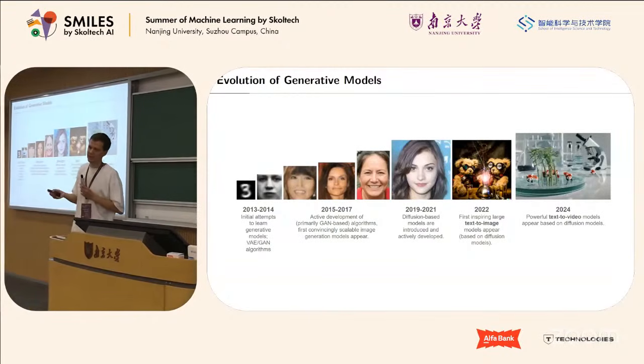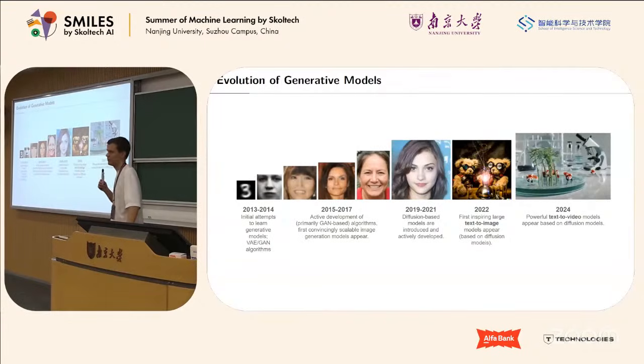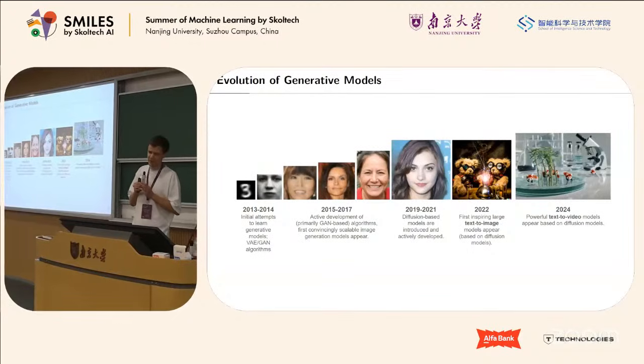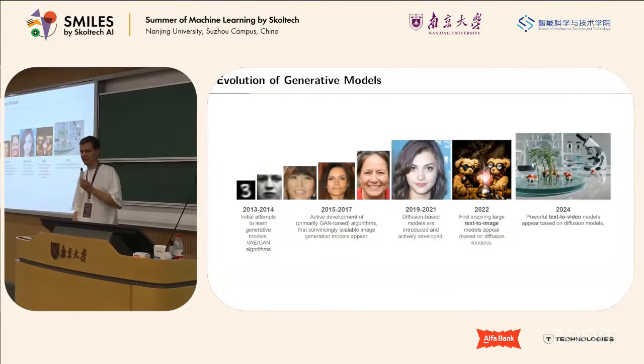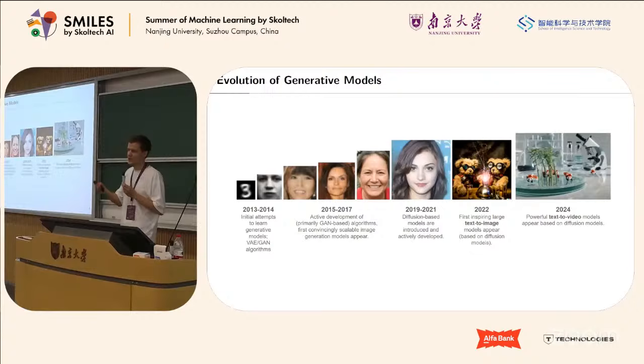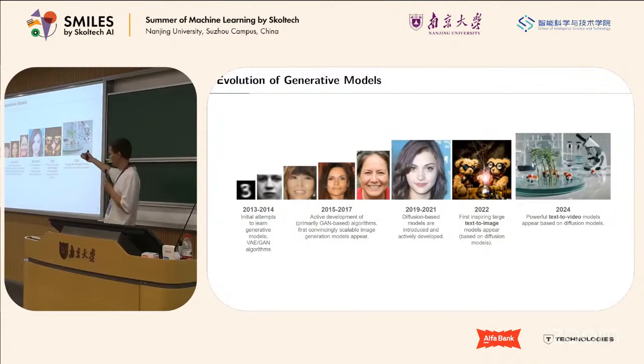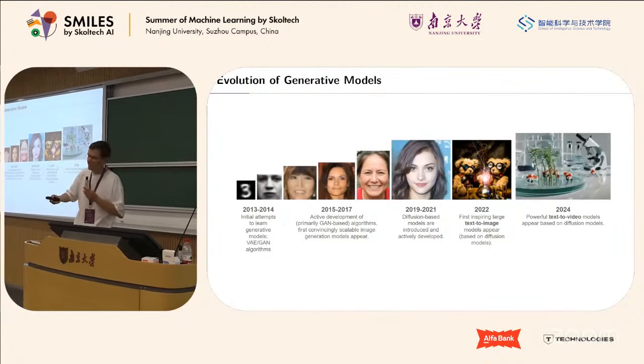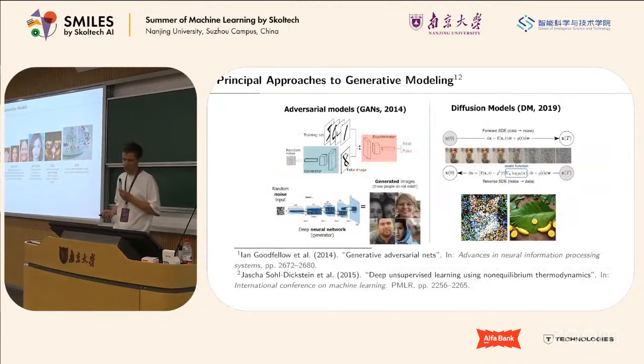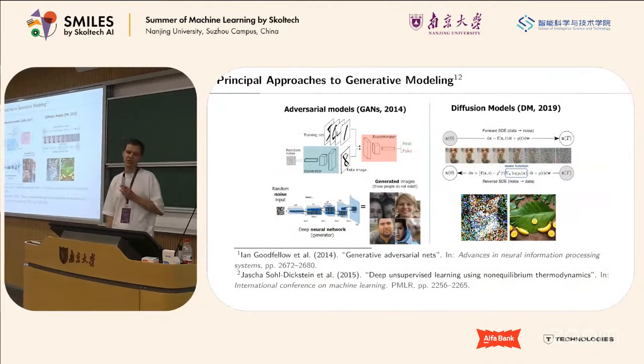For example, I think many of you have heard about models such as Sora, which appeared 1-2 years ago, and it was one of the first really scalable models which can produce video which corresponds to users' text requests. And the question is, why did this field advance that rapidly? Which technologies, which principles, which paradigms were behind this advancement? And actually, we're going to talk today about such paradigms.